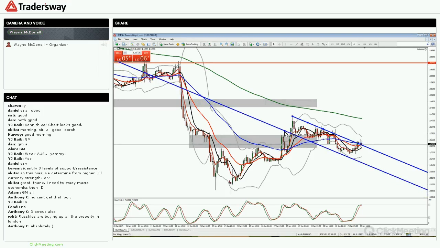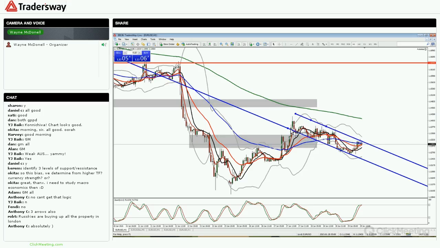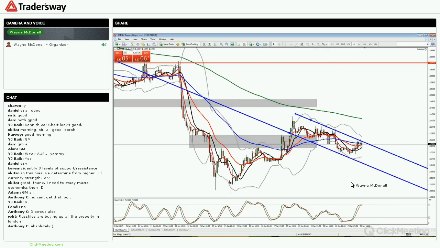So, are we in a channel here on the short term? How do we want to play it? That means this might be resistance. How does it look on the hourly chart? Not so bad, Mr. Wayne.